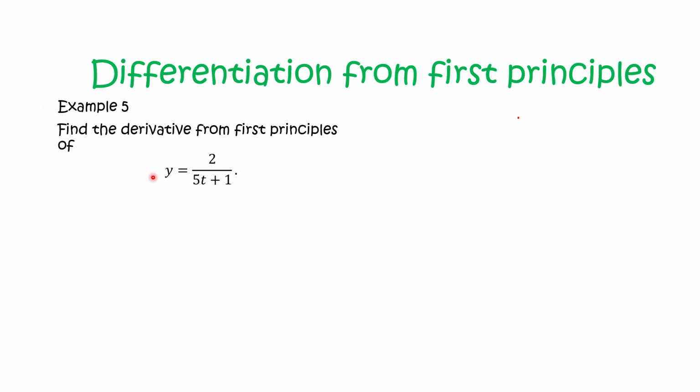Let's look at example 5. Find the derivative from first principles of y equals 2 over 5t plus 1. This time around, we're dealing with a fraction.